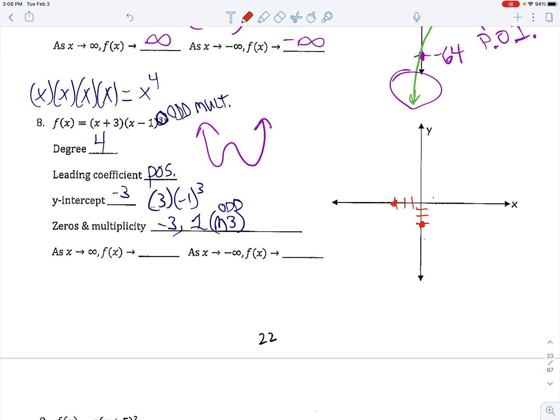We have a y-intercept of negative 3, a zero of negative 3, and then a root of 1 with odd multiplicity. So it's going to be somewhat of a W-shaped graph.